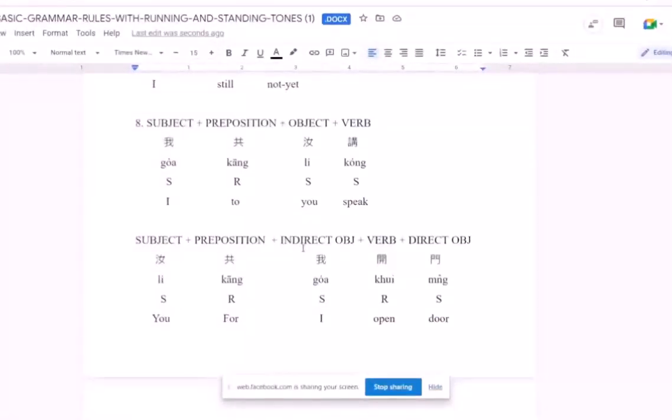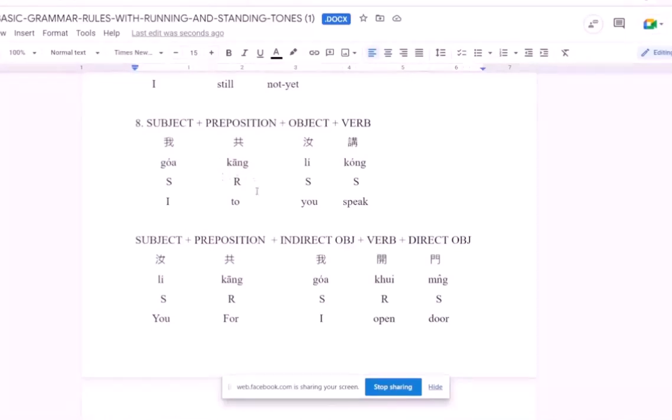Okay, now we move on to subject, preposition, object, and verb. This is more focused on the prepositions that we use here. If you will talk to someone, you tell him, "Wag kang dikong," and then you continue on your sentence.